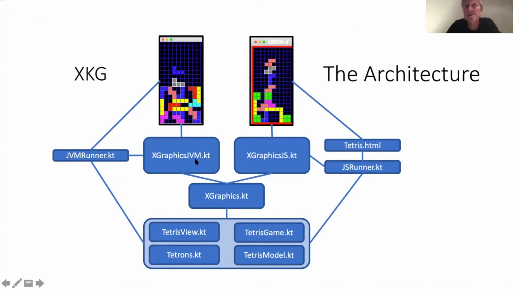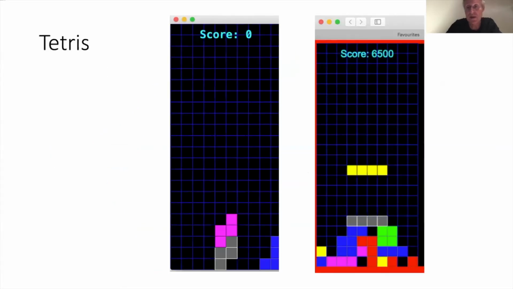And so it doesn't see the actual platform, whether it's the JVM or the web browser. That's all taken care of by these interfaces. And then we have some platform-specific code to run the web browser version or the JVM version, so JVM runner and JS runner. And if it's running on the web, it needs an HTML wrapper file in order to start it up. So that's the basic idea.